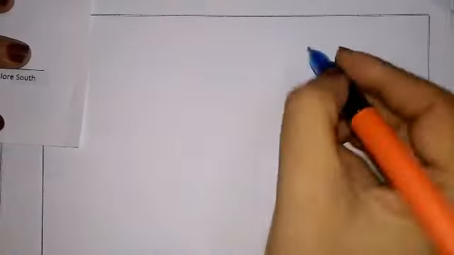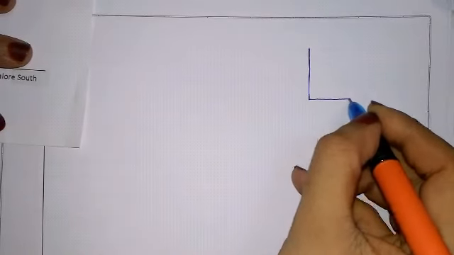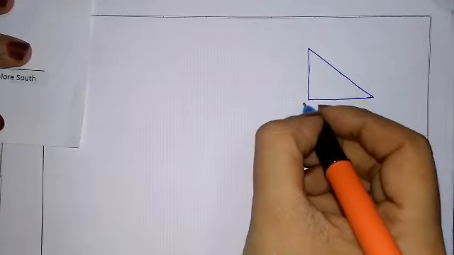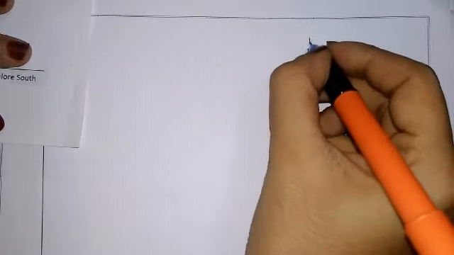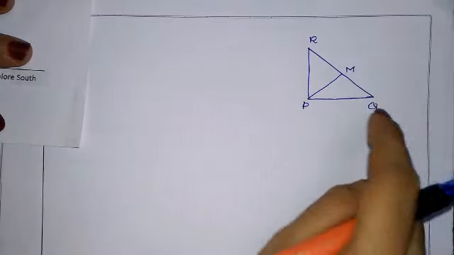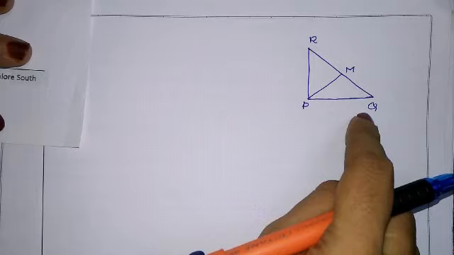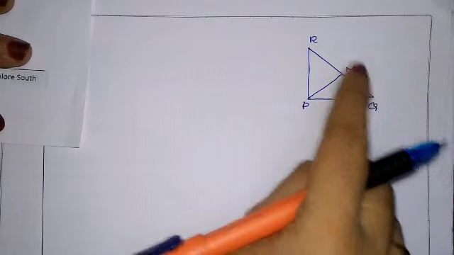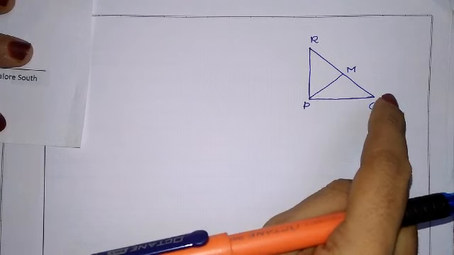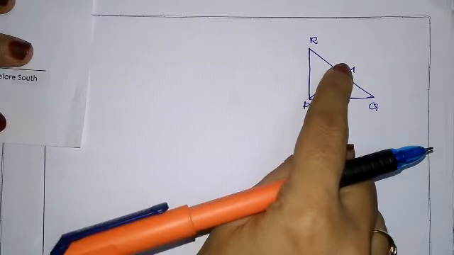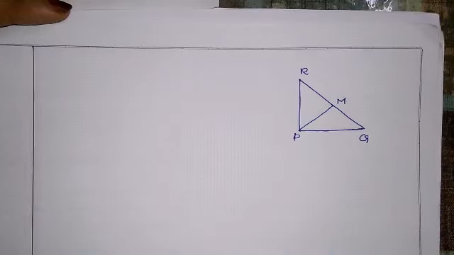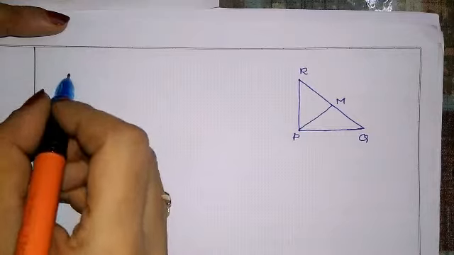So let me draw the figure first. Okay, they have given PQR and PM perpendicular to QR, and they have told us to prove now PM square is equal to QR into MR. Okay, let us solve now.